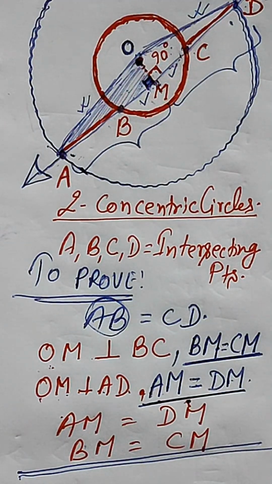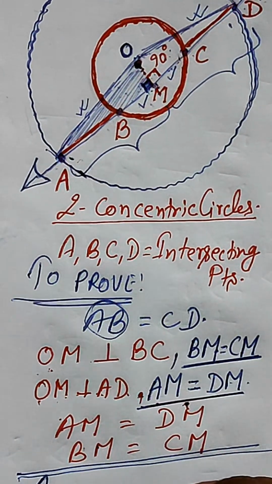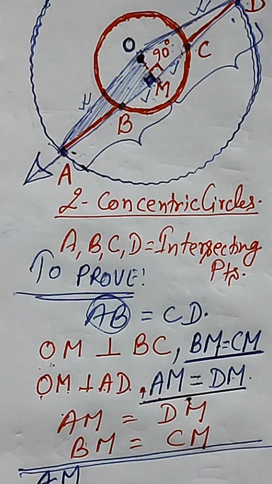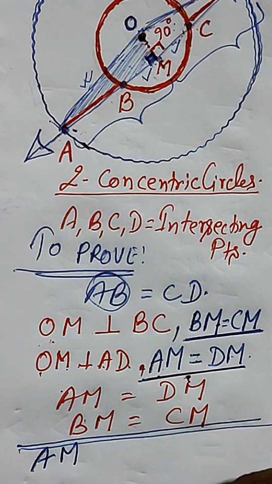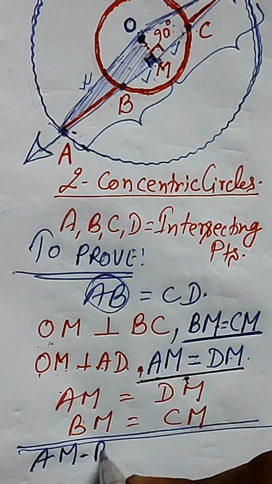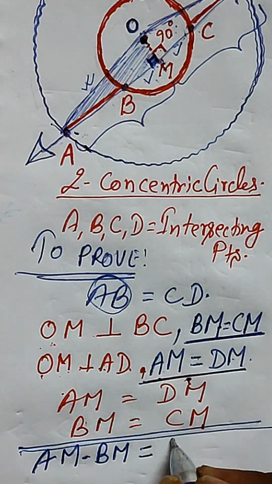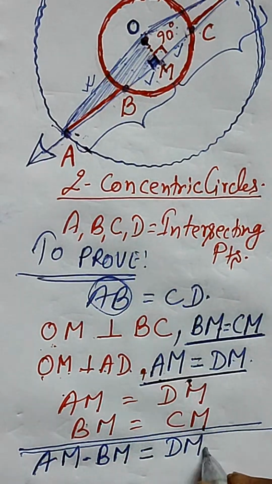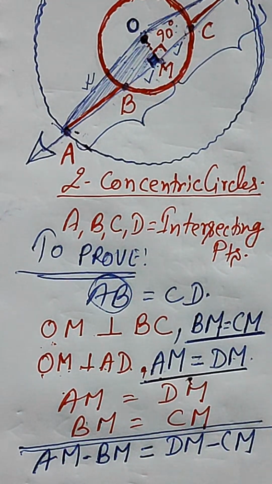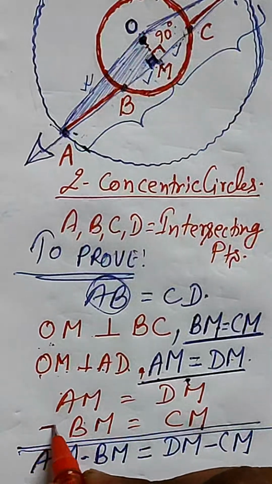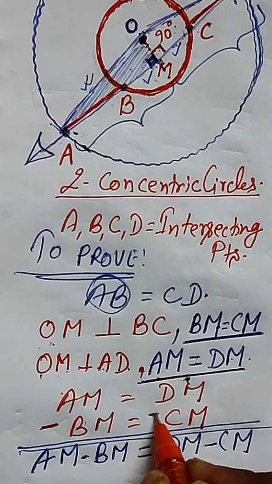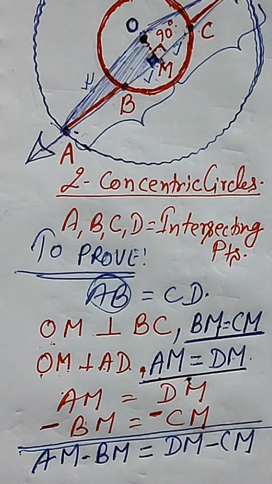So let me write it. AM, let me shift it a bit up. AM minus BM is equal to DM minus CM. What I did, I just only subtracted the LHS and RHS, right?